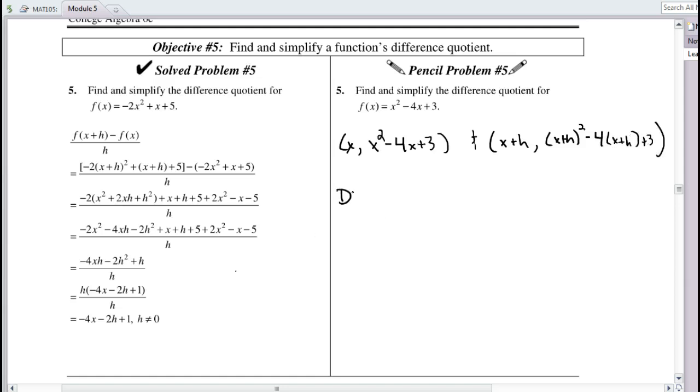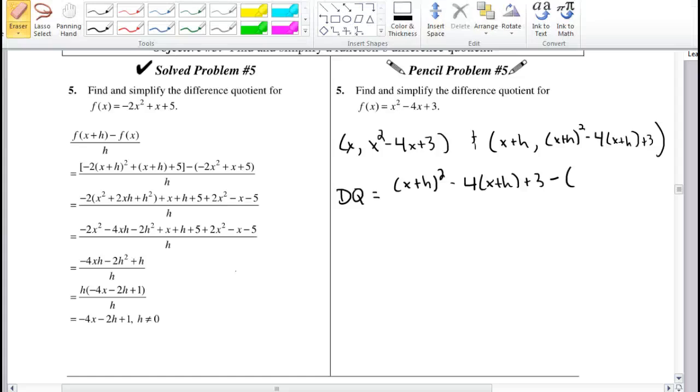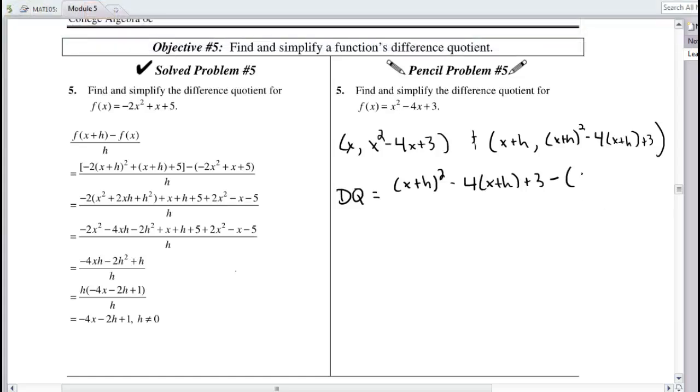Okay, so now the difference quotient is just going to be the slope formula between these 2 points. So we'll have x plus h squared minus 4 times x plus h plus 3 minus x squared minus 4x plus 3.